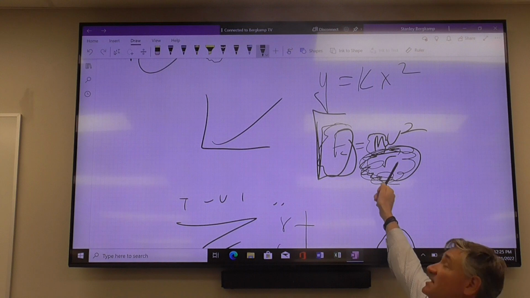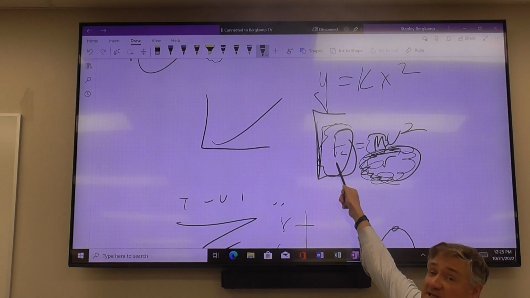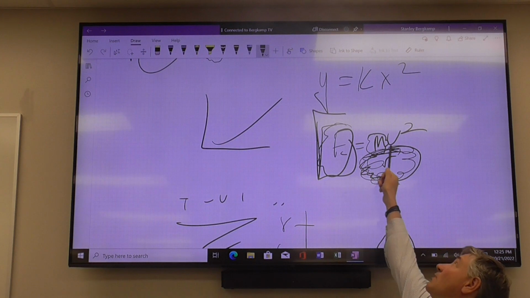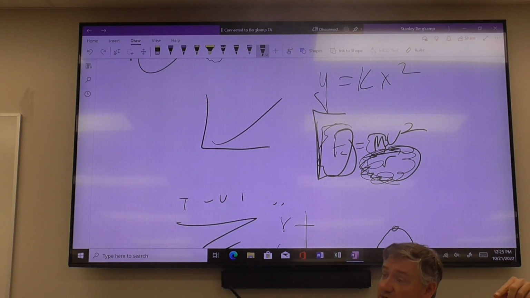So as the radius gets bigger, I'm dividing by a bigger number, but I want the same centripetal force. So what has to happen to my velocity? It has to get bigger. But again, is it going to get bigger in a 1-to-1 ratio? No, because the velocity is squared. Okay? So what you should see on trials 5 through 8, as the radius increases, is that your velocity should increase.